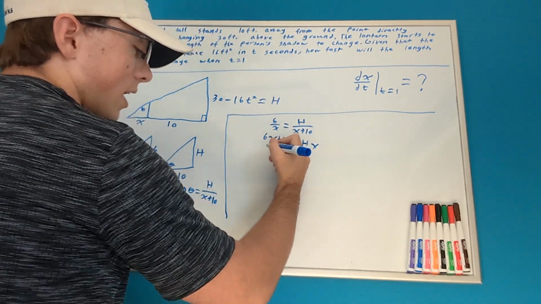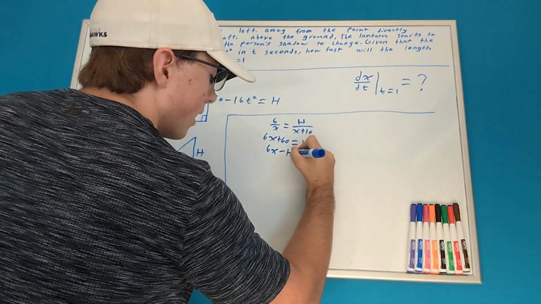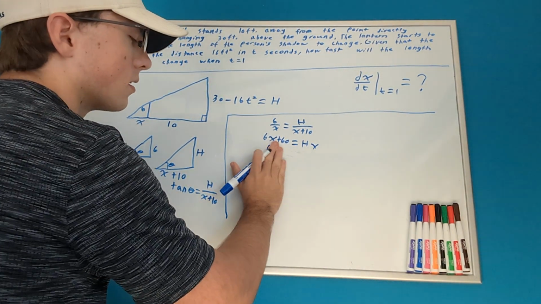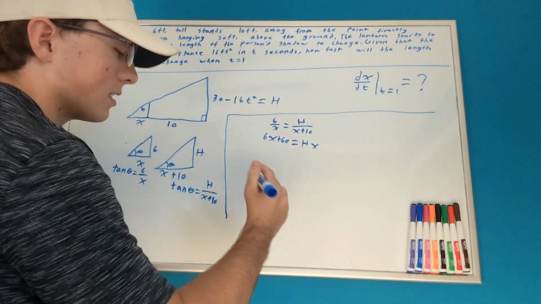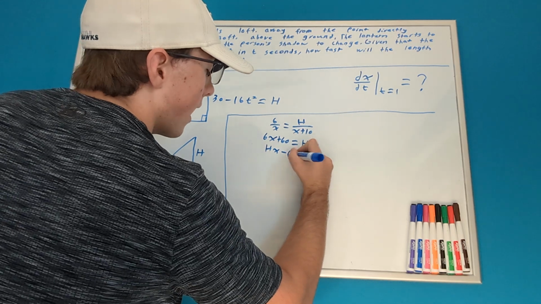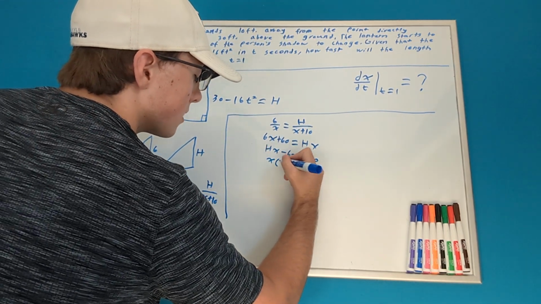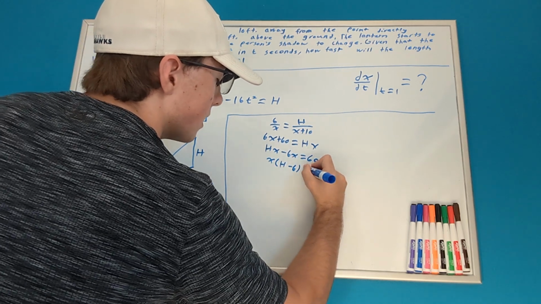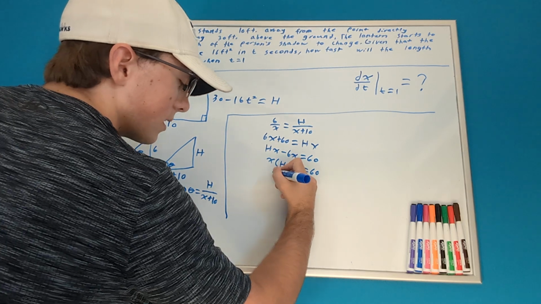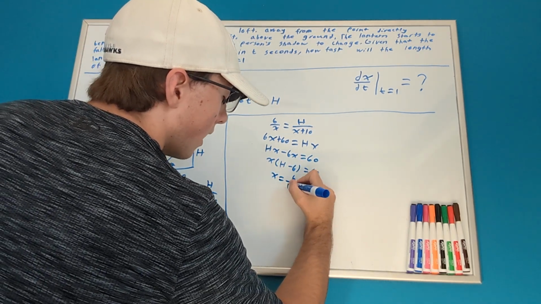Then we subtract 6x, so we get hx minus 6x equals 60. Then we can factor out x, and we get x times h minus 6 equals 60. Then we just divide by h minus 6, and we get x equals 60 over h minus 6.